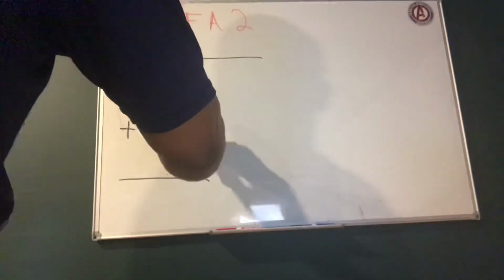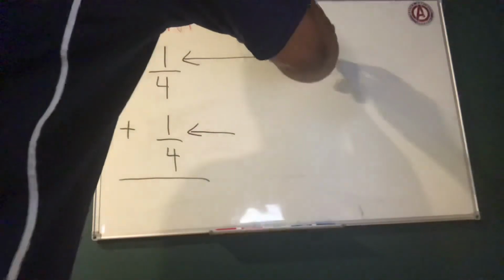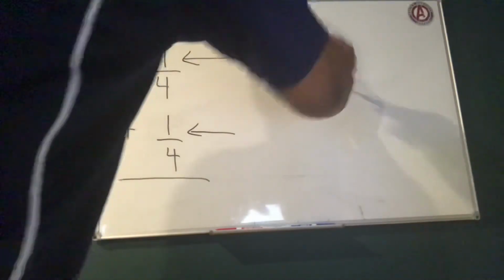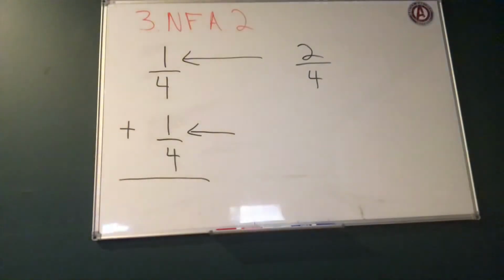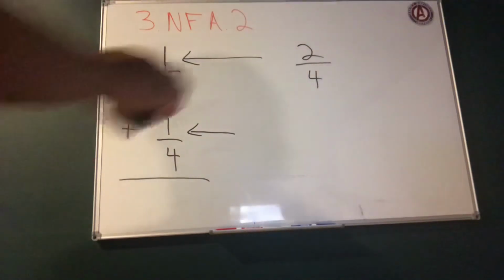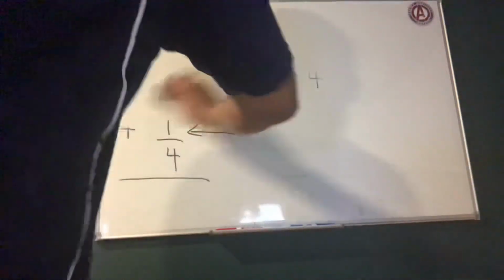So 1/4 plus 1/4 would give us 2/4. Now next year you guys are going to learn how to simplify fractions, but for our purposes today, we're going to leave it at 2/4.